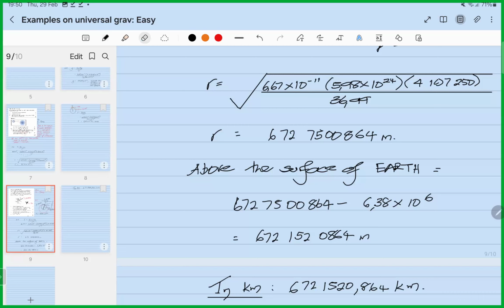What's the answer now? 6, 7, 2, 1, 1, 2, 0, 8, 6, 4.